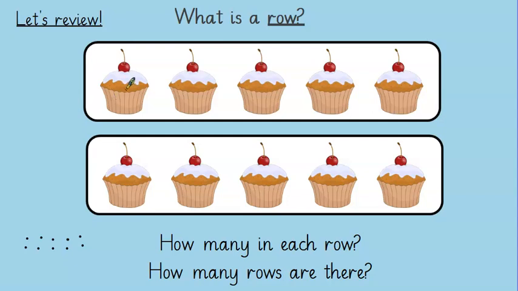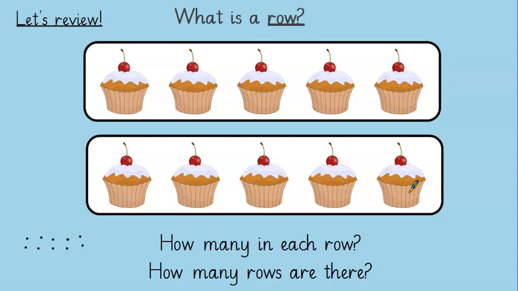So as you can see, this row has 1, 2, 3, 4, 5 buttons in a line, and the next row has 1, 2, 3, 4, 5 buttons as well. Because in an array, the rows need to have the same number.